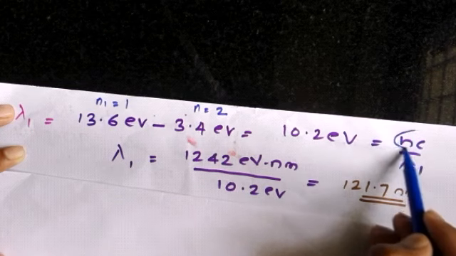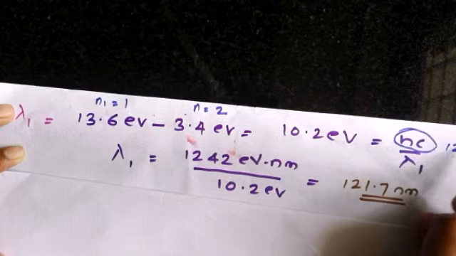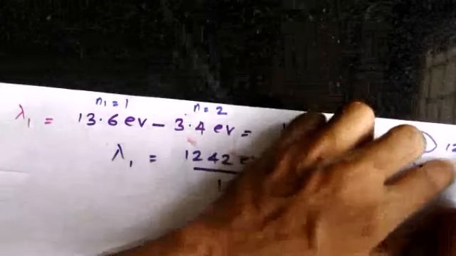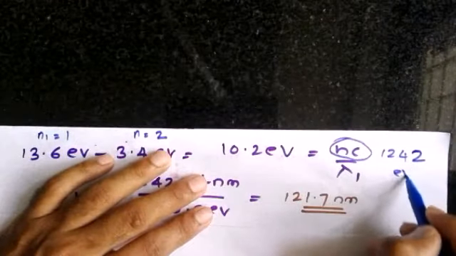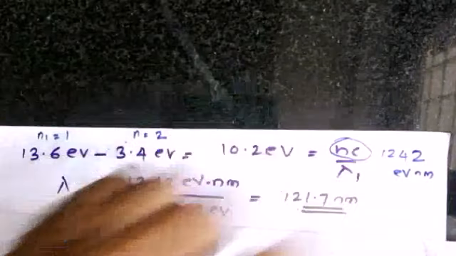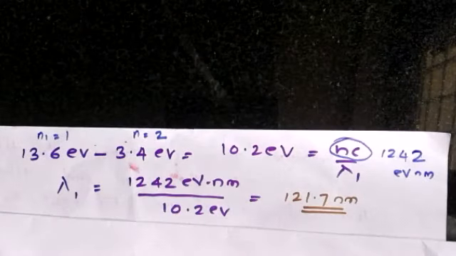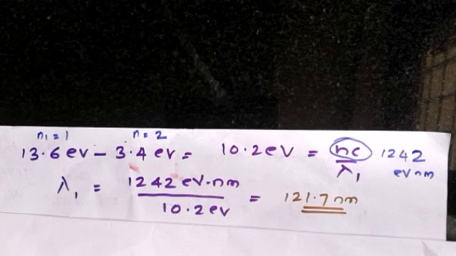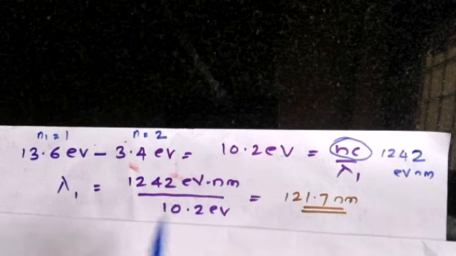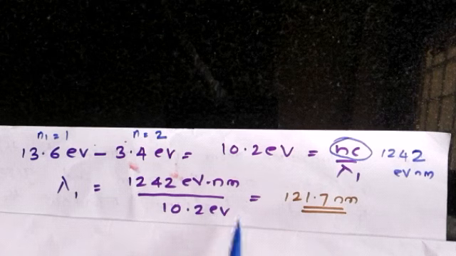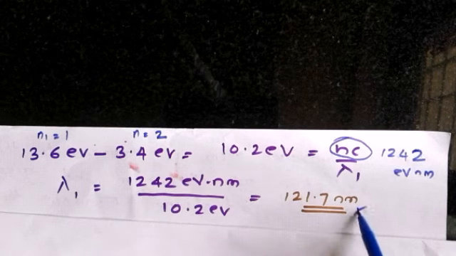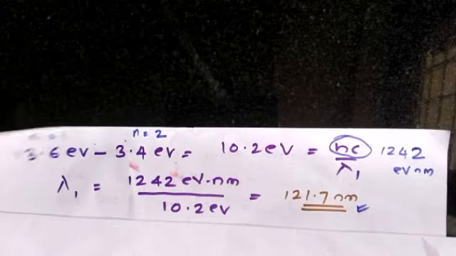Hc is 1242 electron volt nanometer. I divided 1242 electron volt nanometer by 10.2 electron volt, and I got this much nanometer. This is lambda 1.